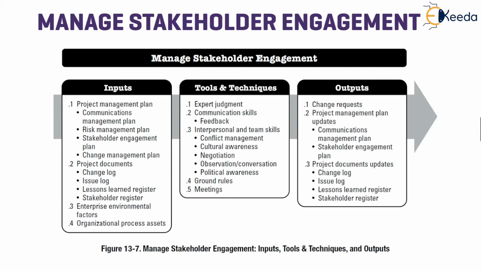Next, manage stakeholder engagement gives us change requests, an updated project management plan with respect to the communication management plan, and the project document updates for change log, issue log, lessons learned register, and stakeholder register in case there are any new stakeholders identified in the process or the needs and expectations of anyone have changed.